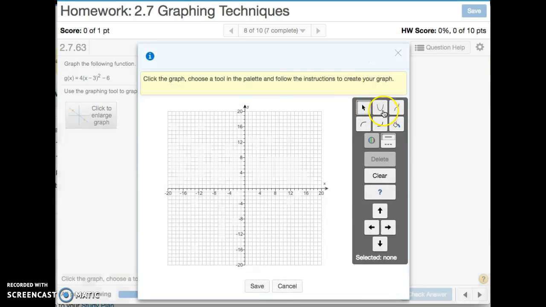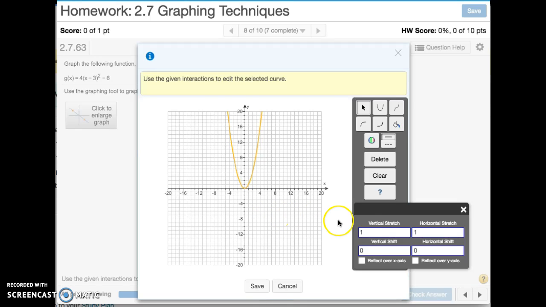Let's choose the parabola graphing tool, selecting the first point at the vertex, which is to the right 3 units, down 6 units, and plot your vertex. You see that the basic graph automatically shows up, and we need to use this pop-up window to graph the vertical and horizontal shifts and the stretches.